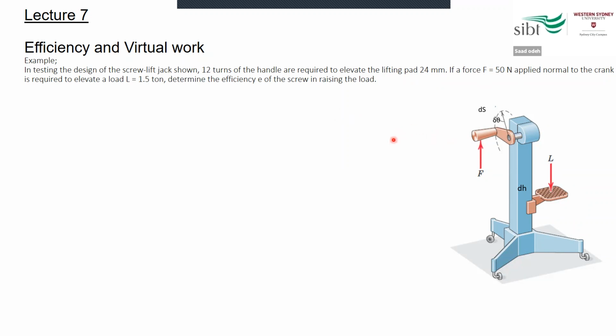To find the efficiency, we know that efficiency is output divided by input. The output work is represented by the movement of this platform, and the input virtual work is the work required to rotate this handle.